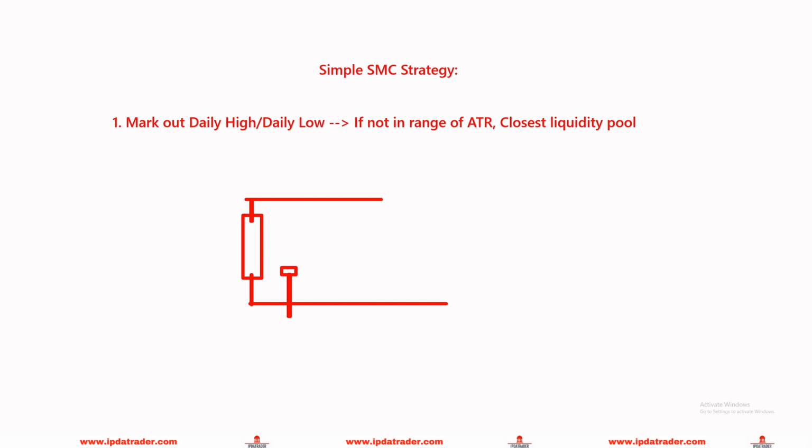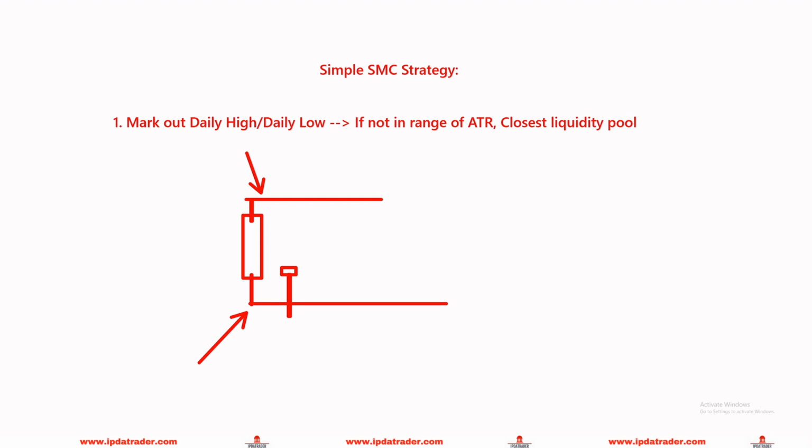Well, then this is not the candle you want to denote your daily highs and lows on. Sorry, not that one. Actually, this one. You don't want to do anything with the daily highs and lows on the current candle. That's not yet fully formed. As a matter of fact, you want to denote the daily candle that has been already formed and is already closed. Okay, so the previous fully closed and formed candle, you're going to be denoting your daily candle high and your daily candle low. That's your first step.